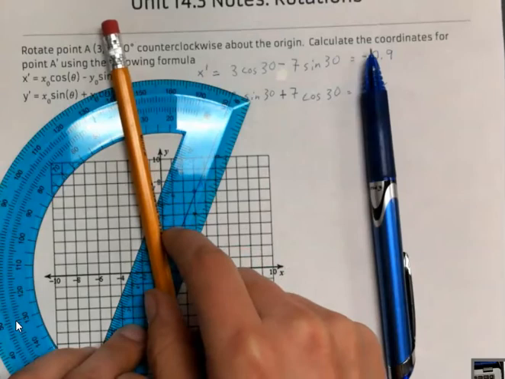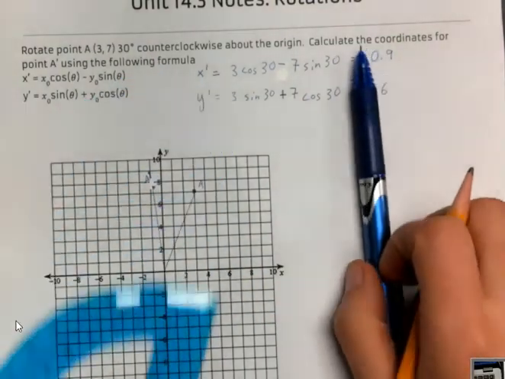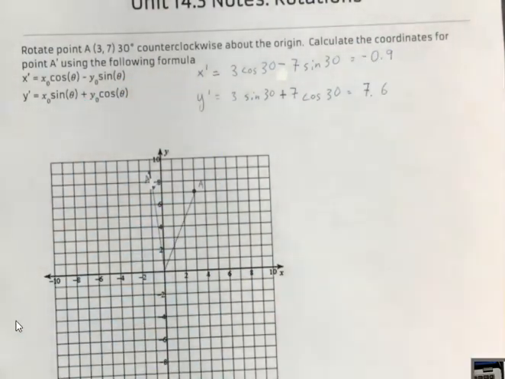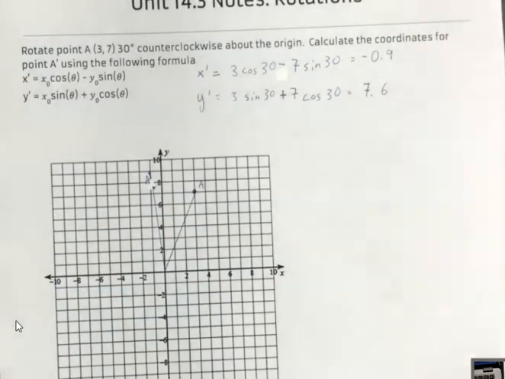Did we end up there? Yes, we did. We did everything correct. So you don't have to check with your protractor on all the other ones that you do. You just have to plug it into your formula and put it in your calculator and do the math. It's pretty simple. It's just, do you know how to apply a formula or not? Very easy. Aren't you happy that you're ending the year with something so simple?